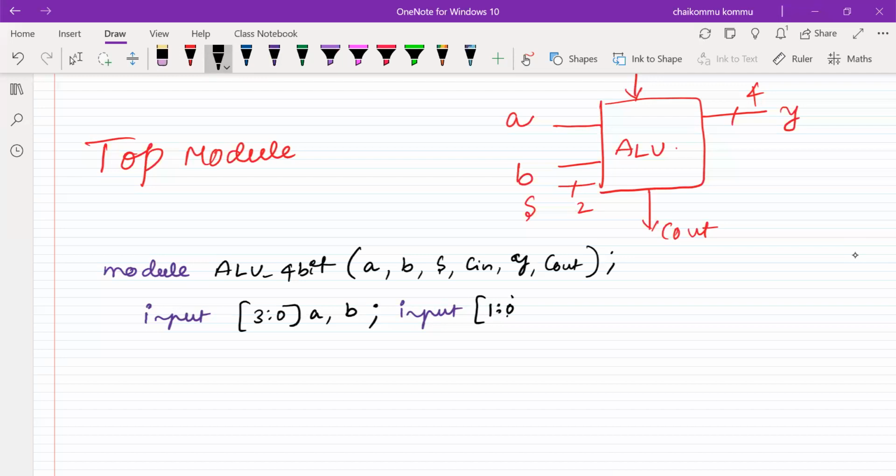Input [1:0] S. Another input is Cn. Next, what are the outputs here now? Outputs: [3:0] Y, and output Cout.